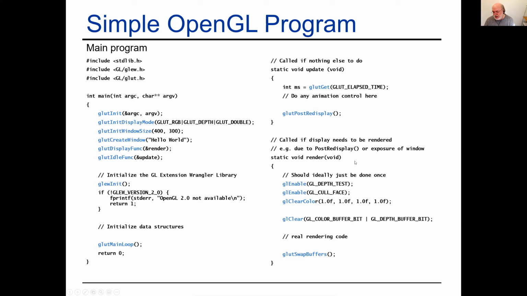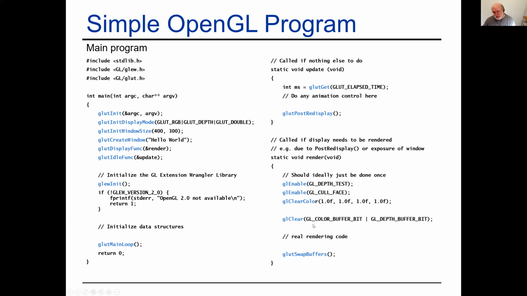So what are we doing here in this render function? This is not the most efficient way. This is more for demonstration purposes. We enable depth testing. We enable backface culling. We set the clear color, and we clear the color buffer and the depth buffer. Okay. Then we would do the real rendering here. And when we're done, remember that we're doing double buffering.